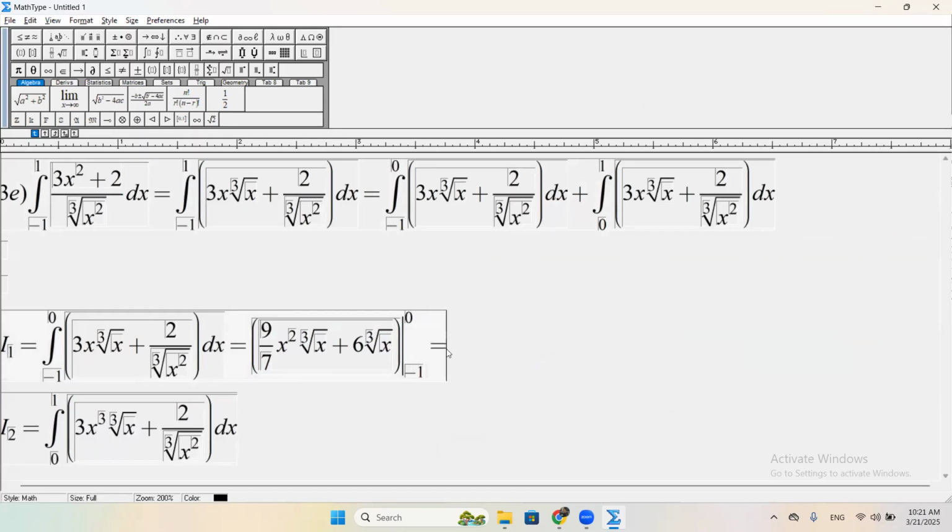So if I substitute 0, I will have 0. And if I substitute -1, I have minus 9 over 7 and -6. And it will be equal to 42 plus 9, so 51 over 7.